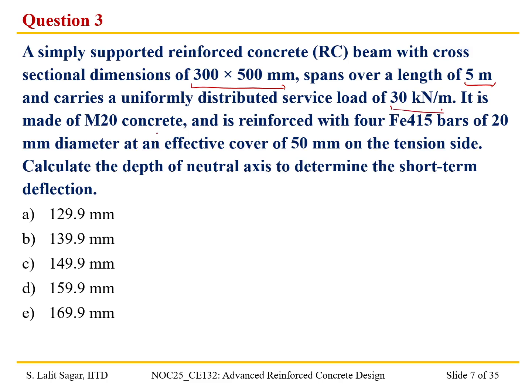It is made of M20 concrete and it is reinforced with 4 Fe415 rebars of 20 mm diameter at an effective cover of 50 millimeter on the tension side. We need to calculate the depth of the neutral axis in order to determine the short-term deflection.